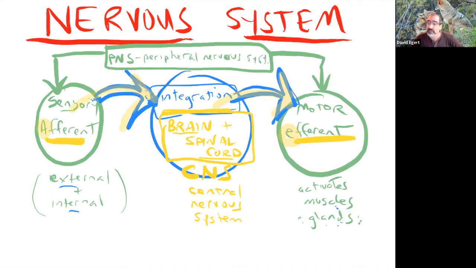That's a nice little mnemonic, because I will use those interchangeably. Efferent nerves are motor, afferent are sensory. That is terminology you do need to know.